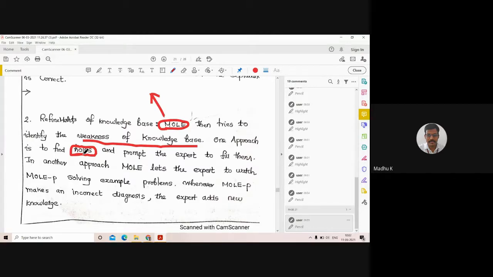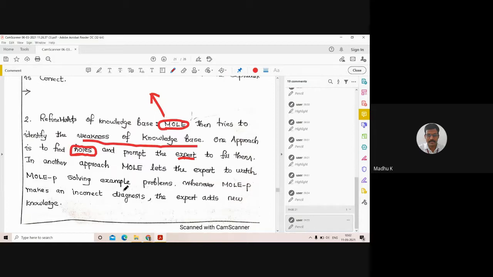By using some method, it will find the holes and prompt the expert to fill them. Then it will ask the expert to fill in that knowledge.